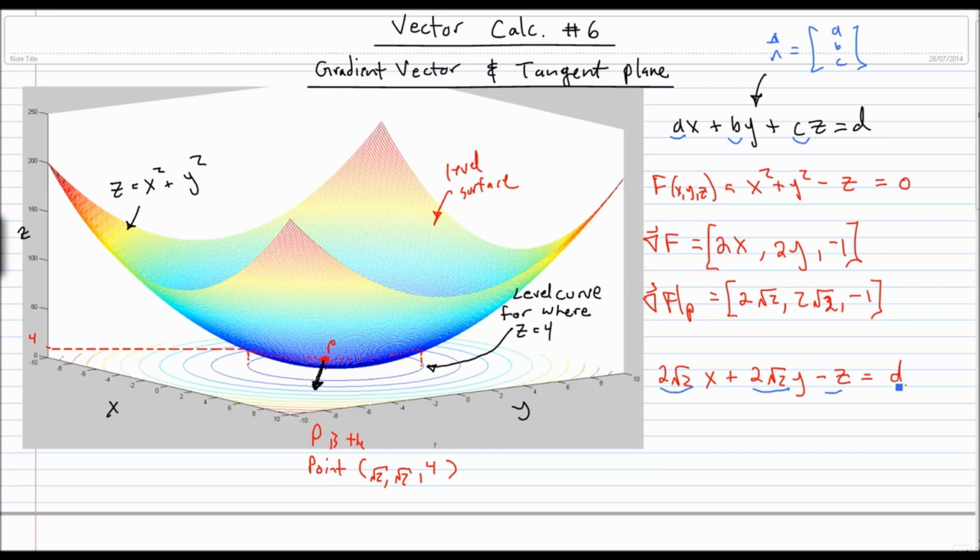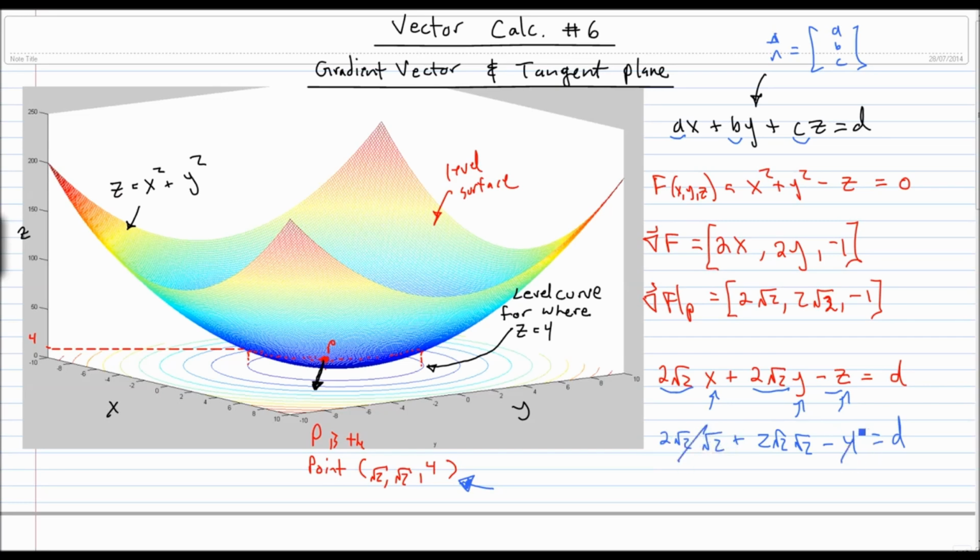All we need to do now is find D. So if this point is on this surface at P, and this is the equation of a tangent plane at P, then they share that same point P. So that means that this point P has to also be on this surface here, which means that we can plug in the values for x, y, and z to obtain D. So when we do that, D is going to equal this. 2 root 2 times root 2, that's 4.